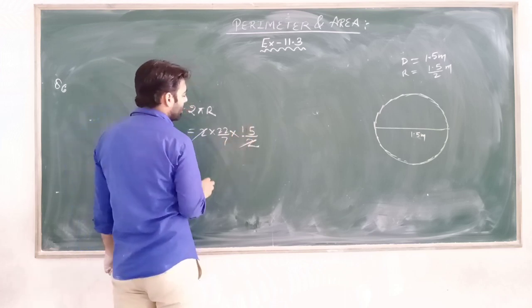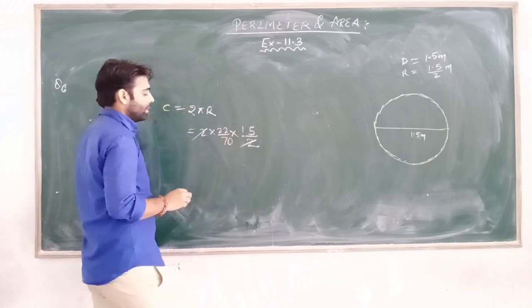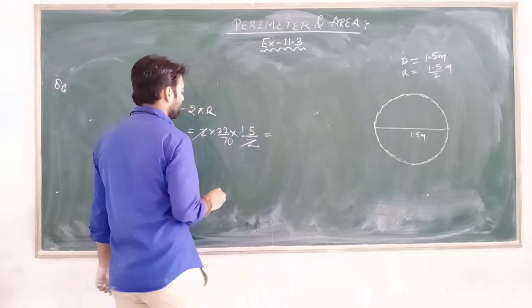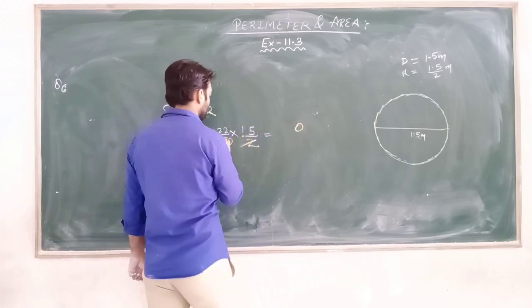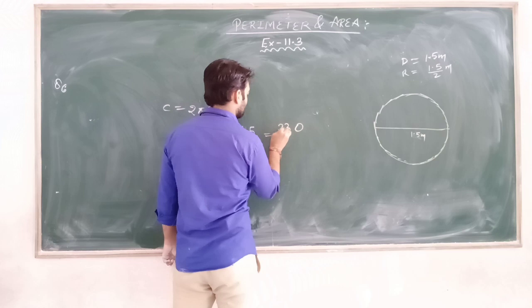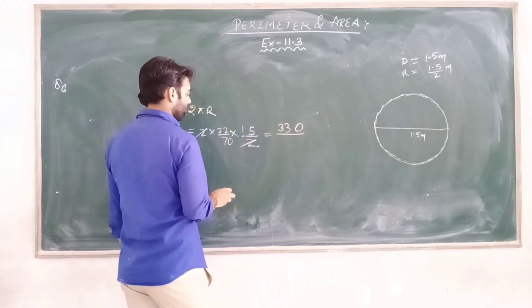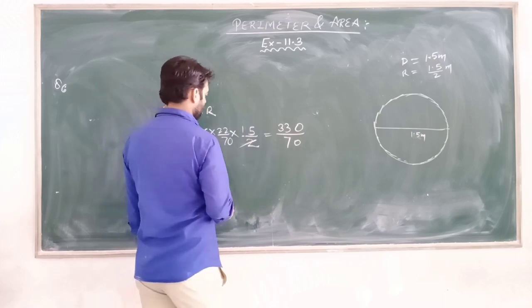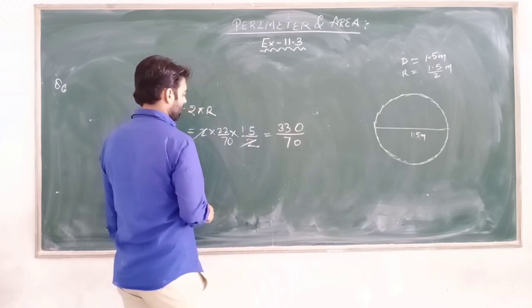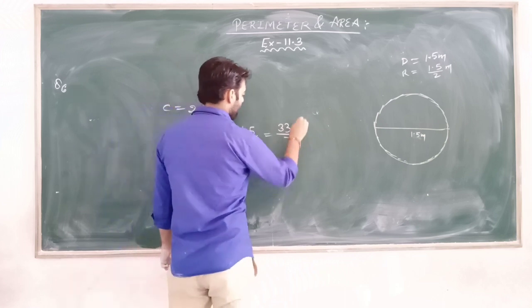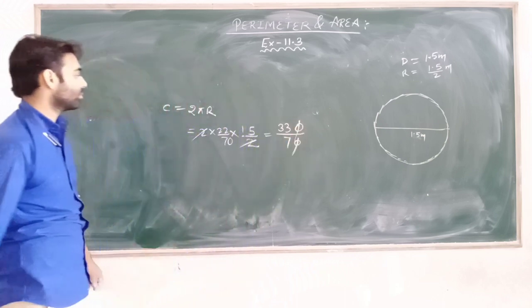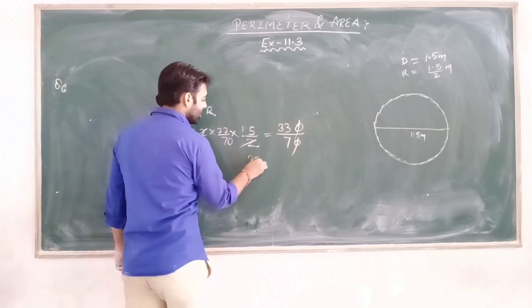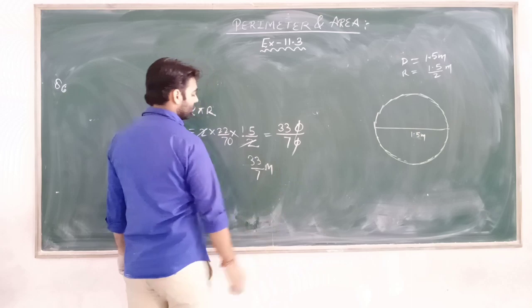The decimal point will be removed, and this will be 70. C will be equal to 33 by 7 meters.